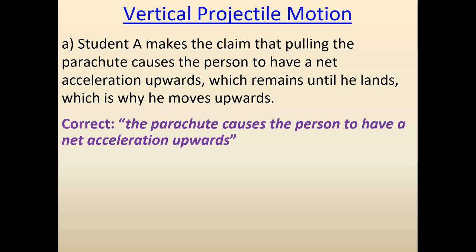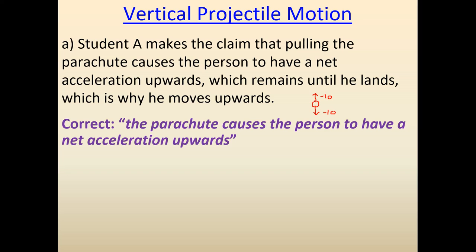the correct statement that he says is that when the parachute is pulled, it causes the person to have a net acceleration upwards. This is actually caused by the fact that when the person's falling, we have an acceleration pulling him downwards at -10, and air friction, which if he's moving at his terminal velocity, will be pulling up at the exact same acceleration of -10.